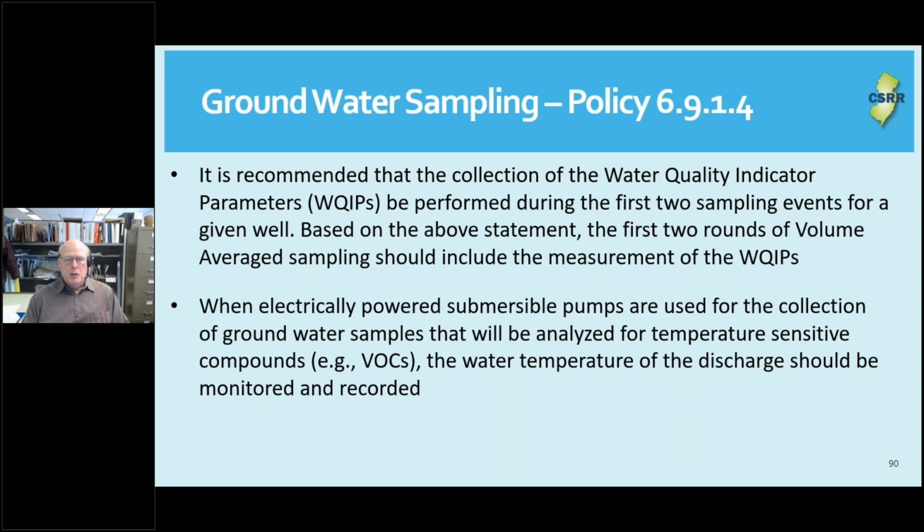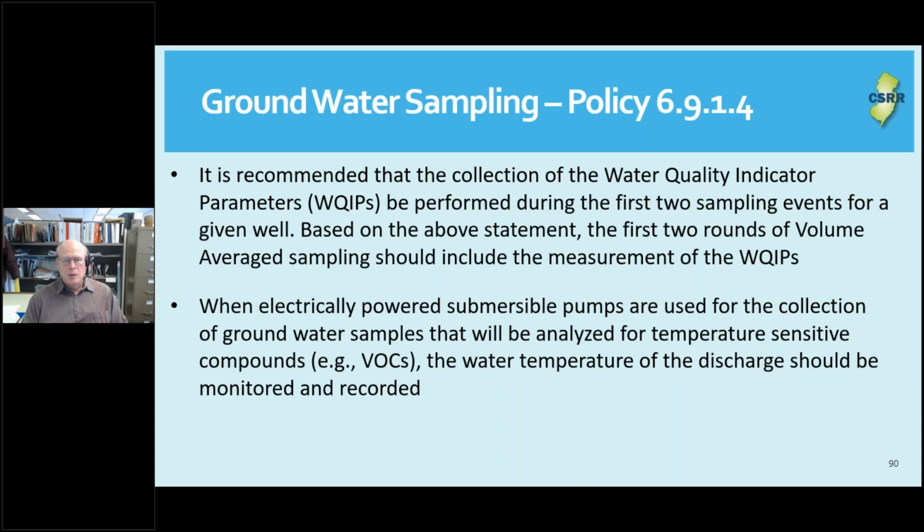When electrically powered submersible pumps are used for the collection of groundwater samples that will be analyzed for temperature-sensitive compounds, such as VOCs, the water temperature of the purge water should be monitored and recorded. Increases in water temperature increase the potential for VOC loss during sample collection.